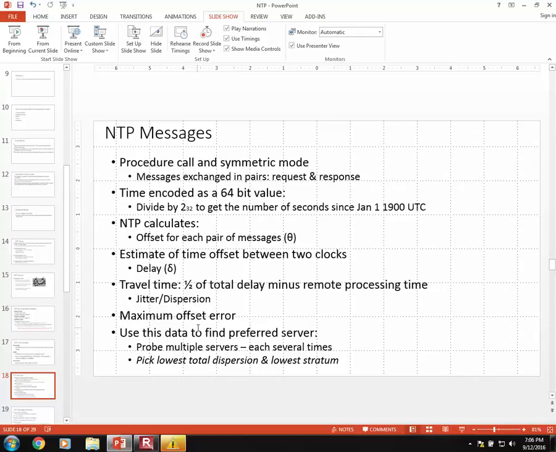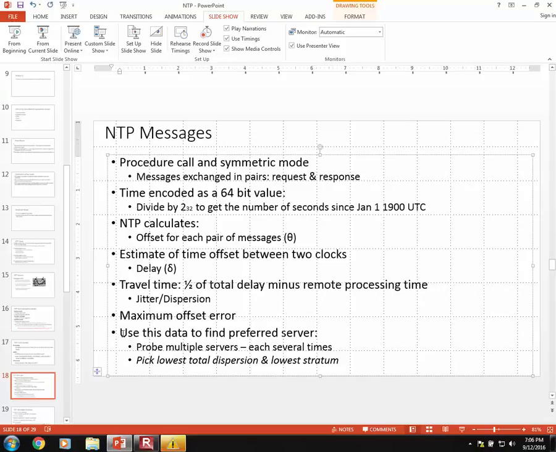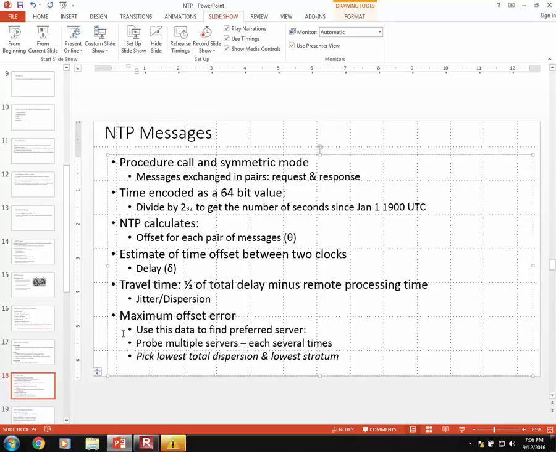There is a maximum offset error, and this data, the maximum offset error, is used to find the preferred server. You basically probe multiple servers, each of them several times, and you pick the lowest total dispersion and lowest stratum.